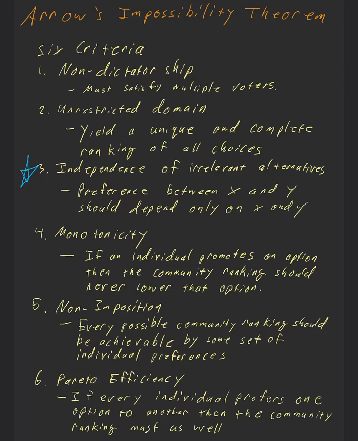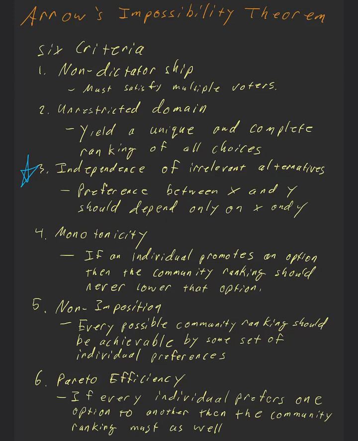This is somewhat straightforward, right? If there is some possible ranking, so A over B over C, there should be some way that we can combine the individuals' preferences to get that outcome. Whether those actually happen in reality or not is immaterial here. We're just saying it should allow for the possibility of any potential combination of rankings.